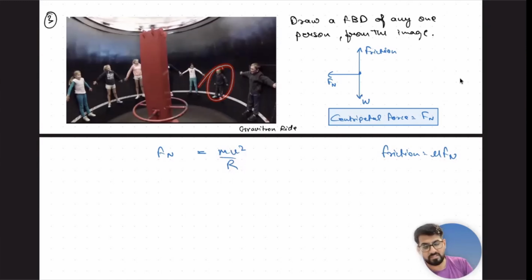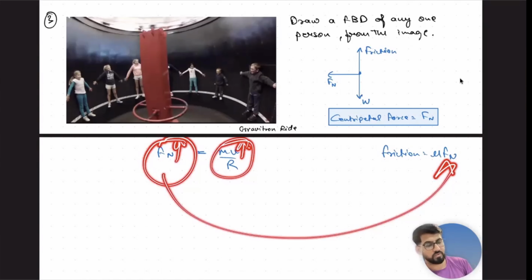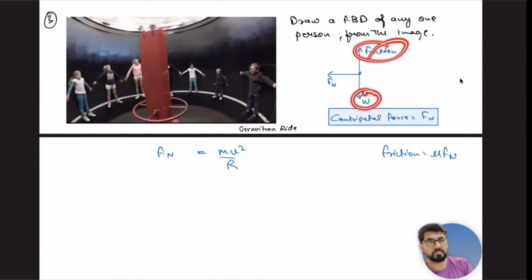Mass of the person is not changing, this radius is not changing. So we need to rotate this ride very fast so that the normal force increases. Normal force increases the friction, which counterbalances the weight, because weight is constant. Okay.